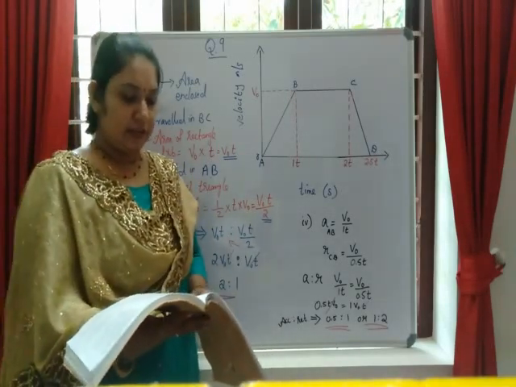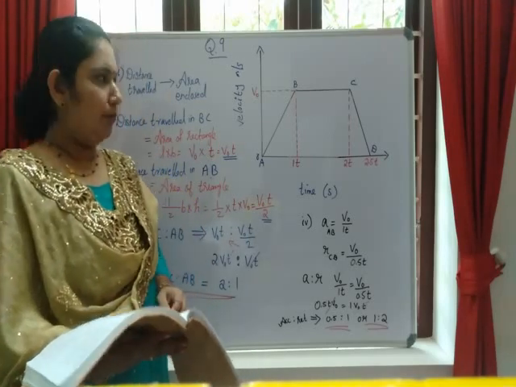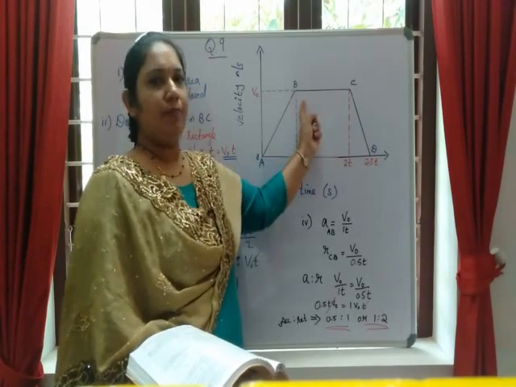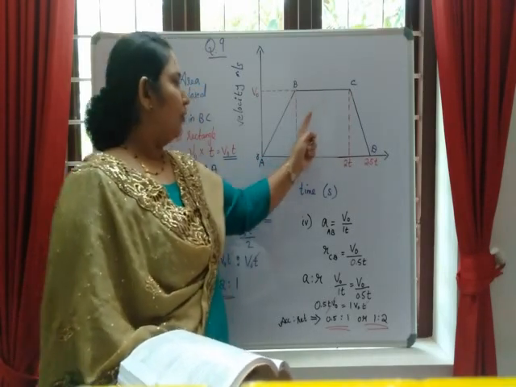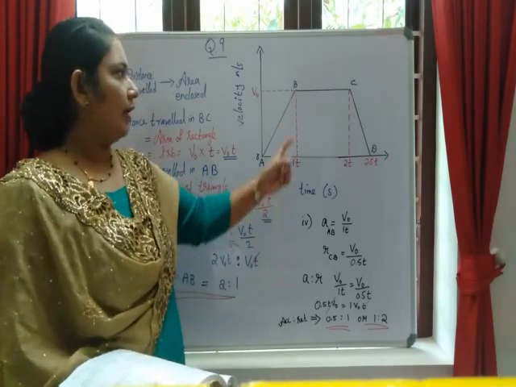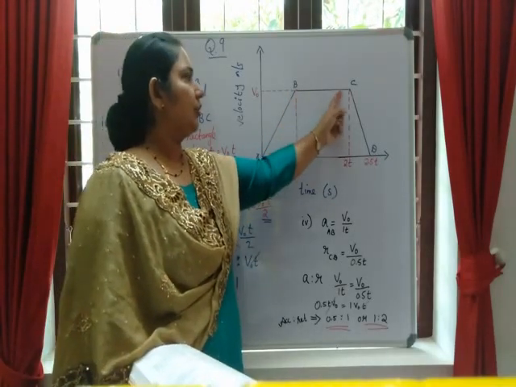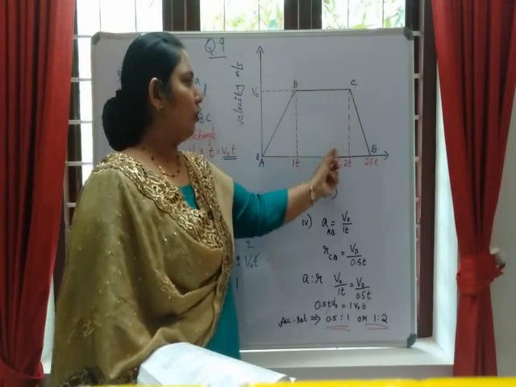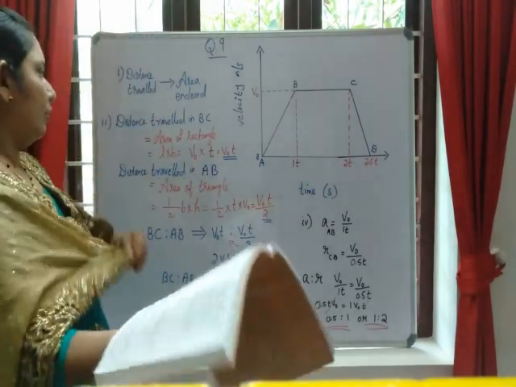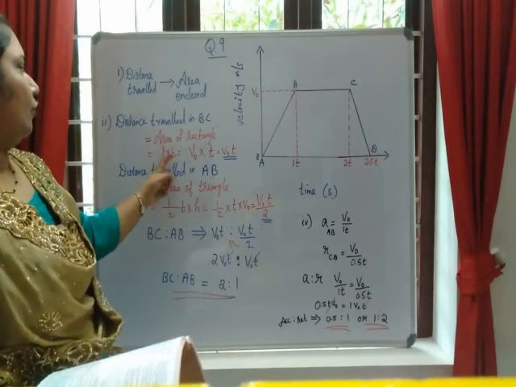Second sub question is, compare the distance travelled in part BC to AB. So first you have to calculate the distance travelled in BC. So here it is almost like a square or rectangle. So formula for a rectangle, we can write length into breadth.